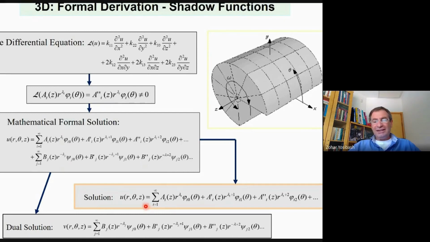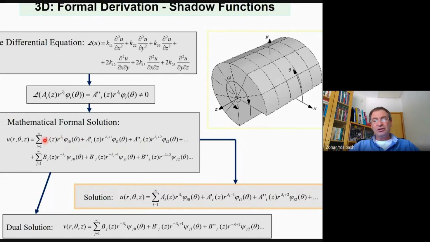And now, what is it that is important about the solution? For each eigenvalue, lambda I, I will have an infinite number of functions associated with it. So we call these functions, which are associated with the two-dimensional solution, shadows, like someone who's walking in the sun, and then there are a lot of shadows because of this person who's walking.